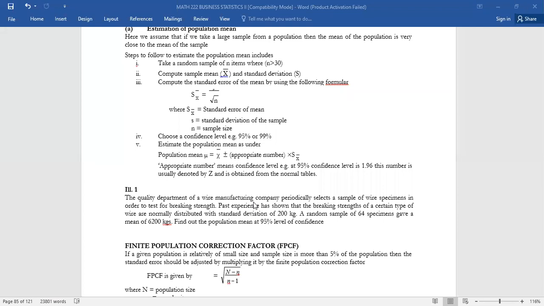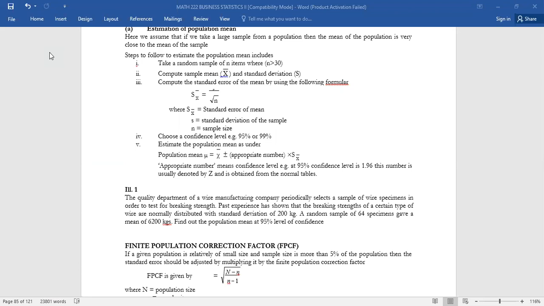So there is our example or illustration. We are saying that the quality department of a wire manufacturing company periodically selects a sample of wire specimen in order to test for breaking strength.